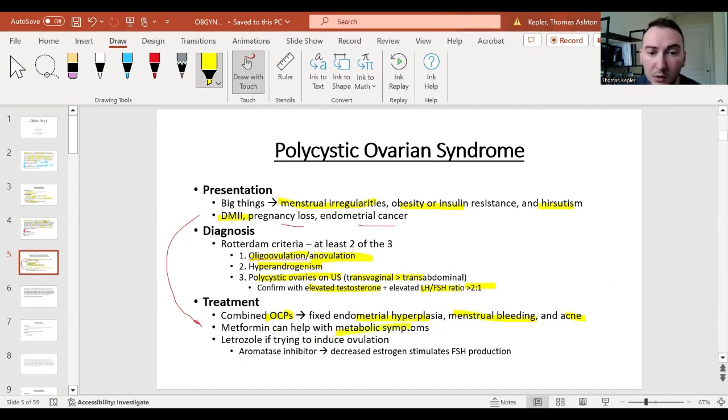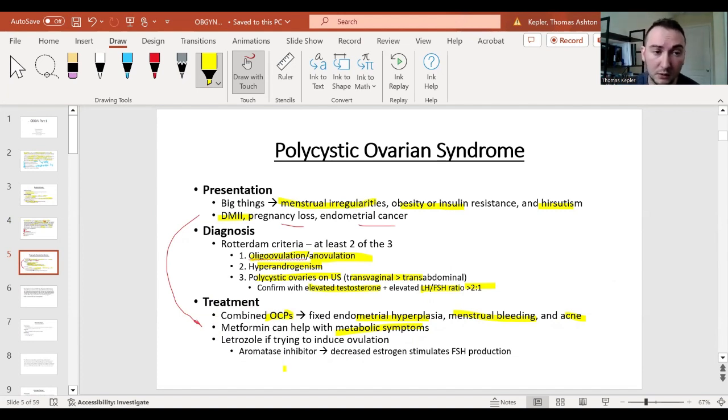Metformin will help with the metabolic symptoms. It can also help with weight loss as well. Remember, your most common side effect of metformin is going to be diarrhea, and your most feared side effect is going to be lactic acidosis. Lactic acidosis can be more common in people with renal disease, and it's also the reason we don't use metformin as first line for gestational diabetes.